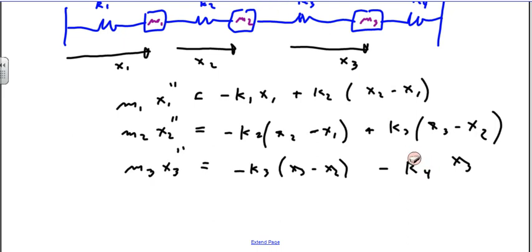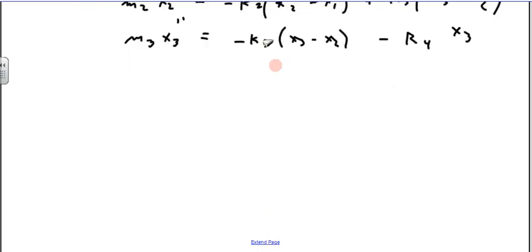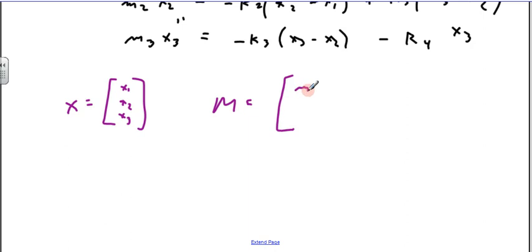Okay, so if we accept that that's a reasonable thing, we can say, well, that being the case, my x can be x1, x2, x3. And my mass can be M1, M2, M3.